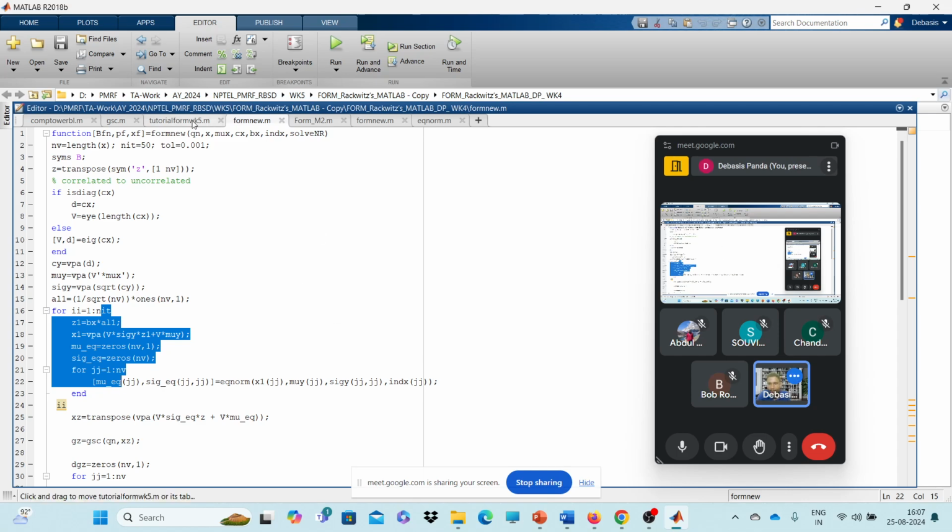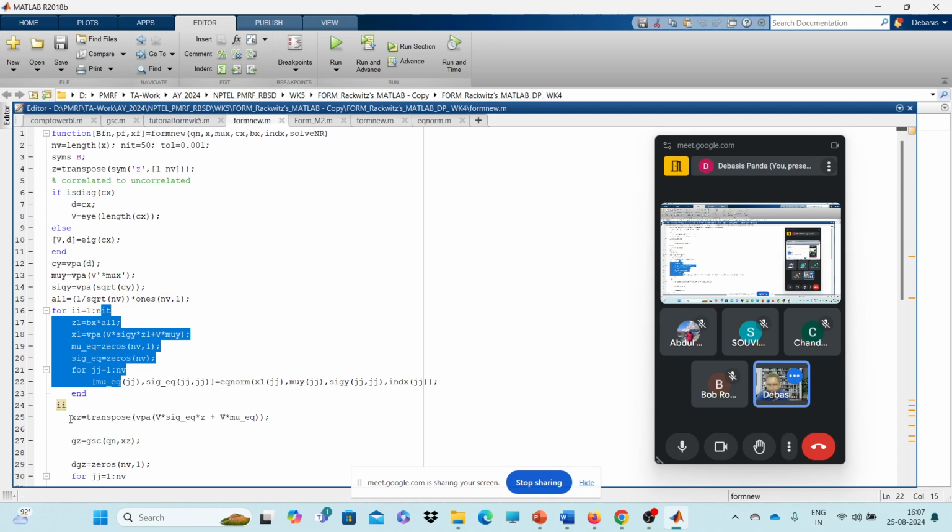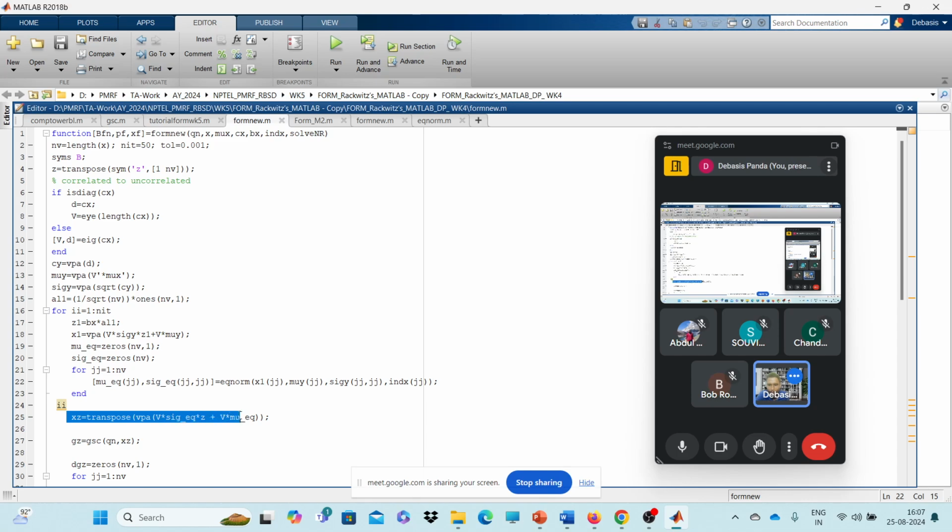Here the index says I have provided 1 1 1. That means all are normal random variables, so the equivalent normalization will not be done. Once this is done, it will transform the limit state function into the z domain. Here gz is nothing but you provide the question number from where it gets the limit state function in actual space, and xz, which is your transformation function.